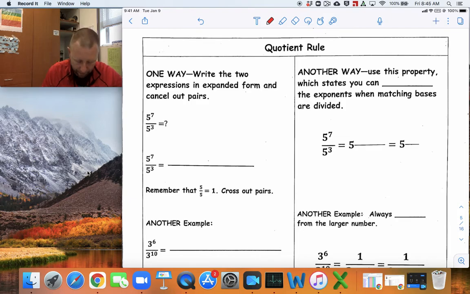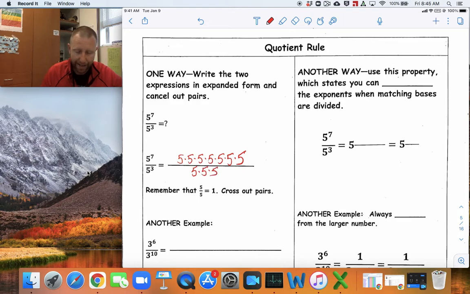Well, look what happens here. So I've got 5 to the power of 7 in expanded form is 1, 2, 3, 4, 5, 6, 7. Whew. So I've got 7 5s, right? All multiplication. On the bottom, 5 cubed, so divided by 5 cubed. So I've got 5 times 5 times 5, right?